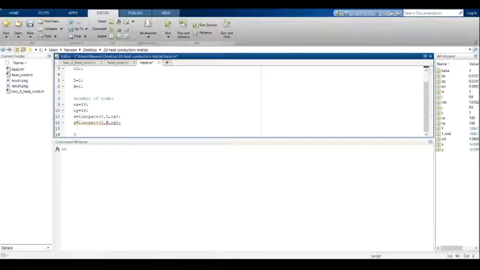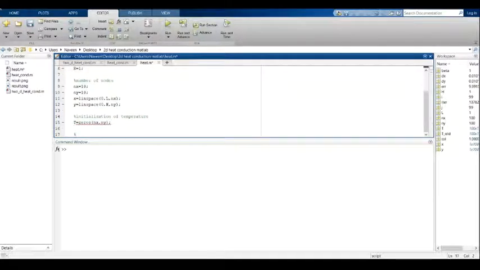Now the initialization of temperature. Initially the inner nodes are at 0 degrees centigrade, so I have given zeros of nx comma ny.